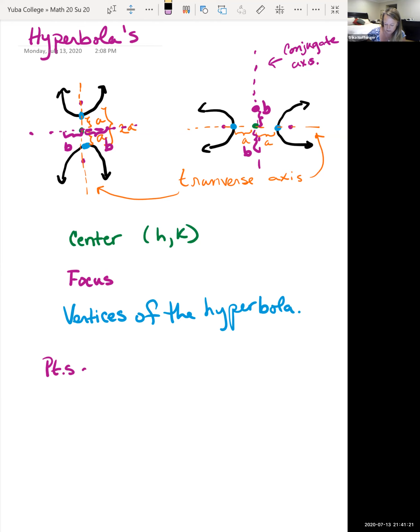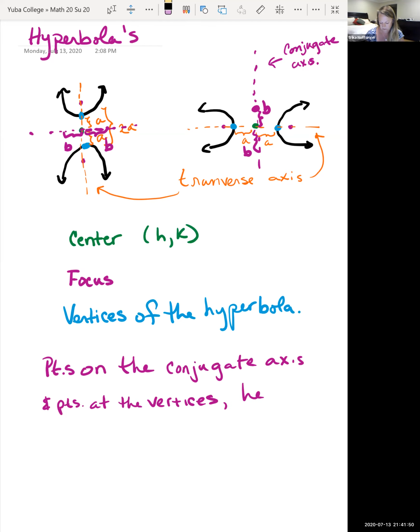So points on the minor axis, oops, I'm going to call it the conjugate axis, and points at the vertices help us make a rectangle, and that rectangle helps us to then identify where your asymptotes are going to be for your hyperbola.